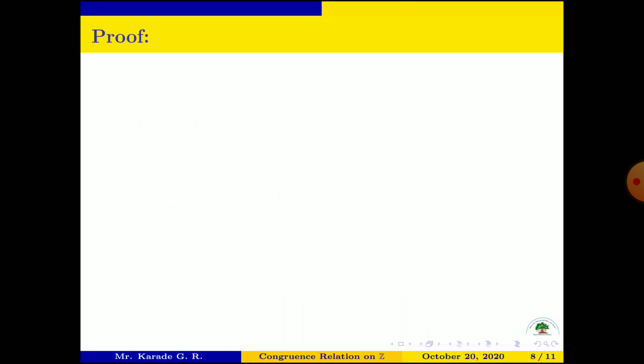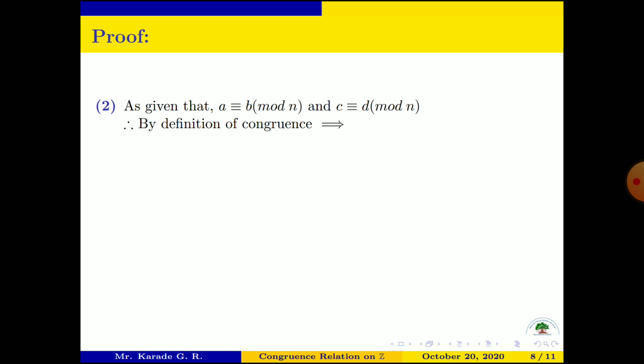Similarly, now we will prove the second property, which says that if a is congruent to b mod n and c is congruent to d mod n, then a minus c is congruent to b minus d mod n. As given, a is congruent to b mod n and c is congruent to d mod n.